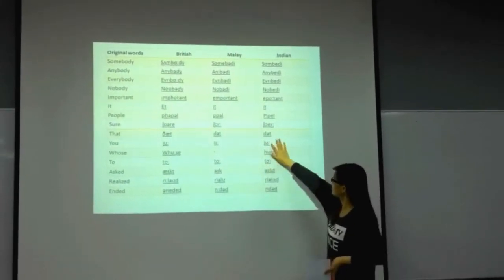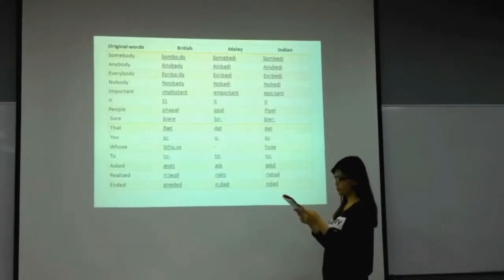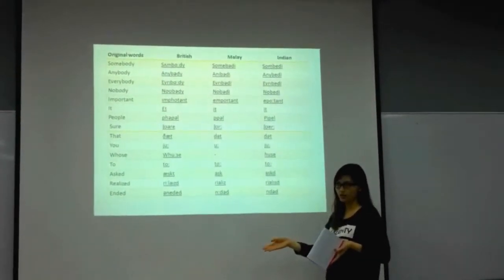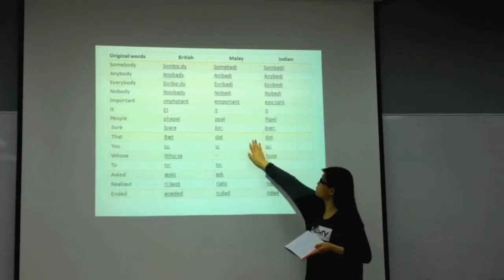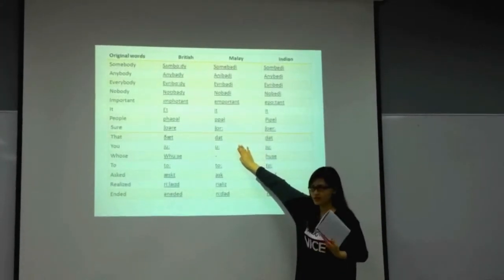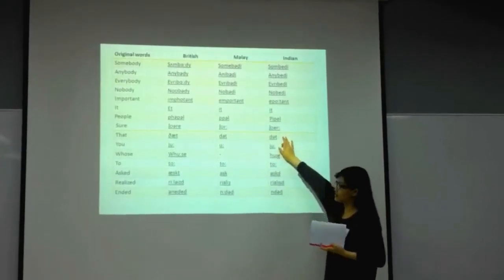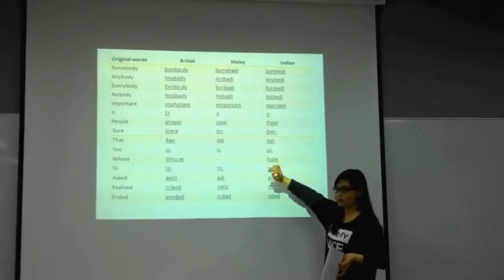And for the Indian guy, he will pronounce it as the word "that". For Malay, she will pronounce it as "nobody will ask to do that". For Indian, he will say "nobody will ask to do that".